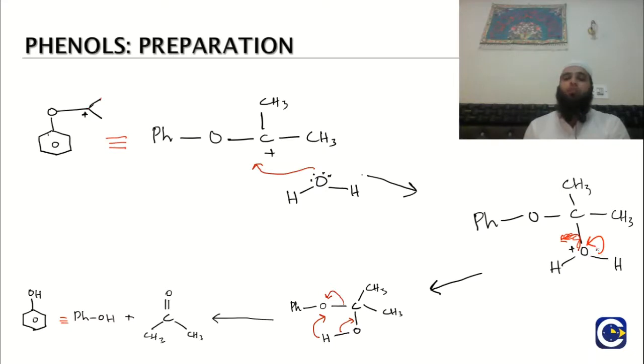To stabilize this, the electron pair of this oxygen-hydrogen bond is shifted towards the oxygen, and again we get an intermediate product like this. In the next step, the other oxygen-hydrogen bond shifts between the carbon and oxygen, and a double bond is created between the carbon and oxygen, making a more stable product.